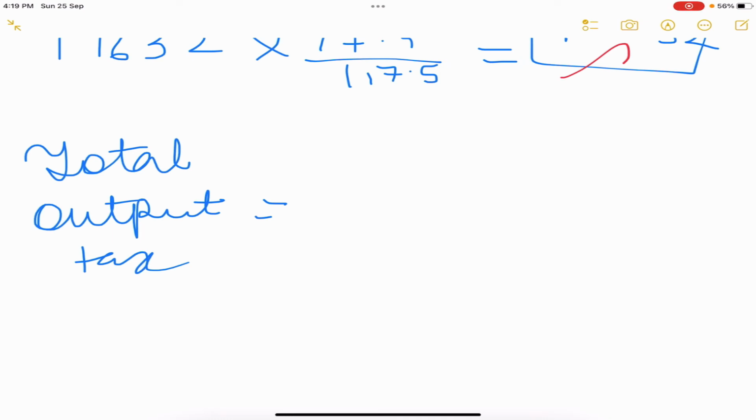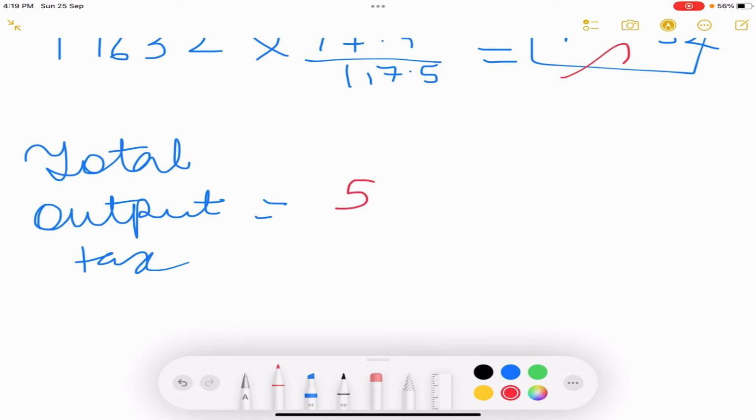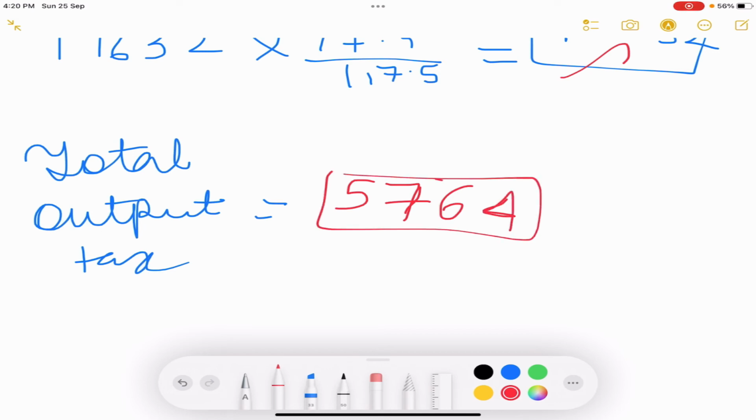The answer is going to be 1750 plus 1102 plus 1180 plus 1732. It's 5764. I hope you're trying to do it by yourself, because there's no point in just watching this video without solving it. It will be a waste of time. So this is our output tax.